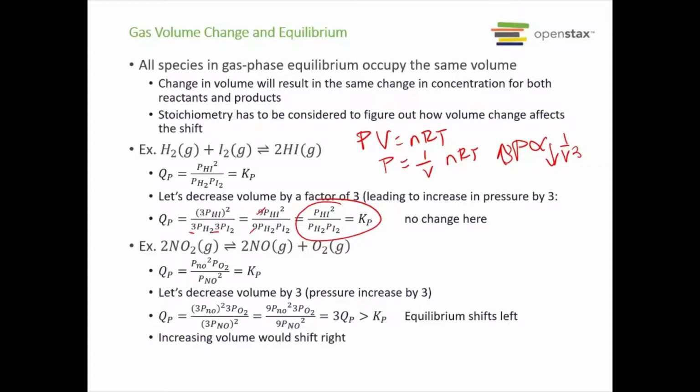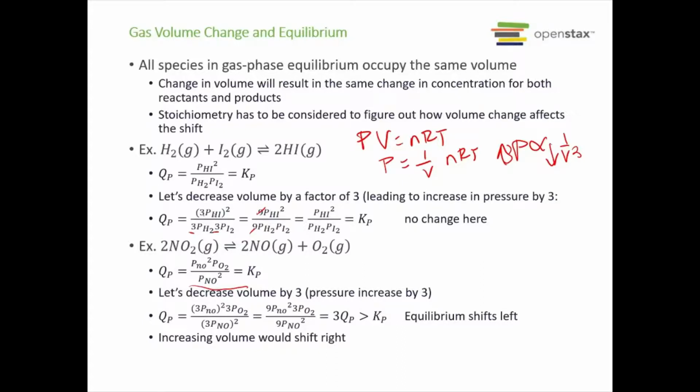For instance, decreasing this volume by a factor of 3 for the hydrogen and iodine reaction had no change. But let's say we do this for 2NO2 going to 2NO plus O2. So we have our QP as the pressure of NO squared times O2 over NO2 squared.